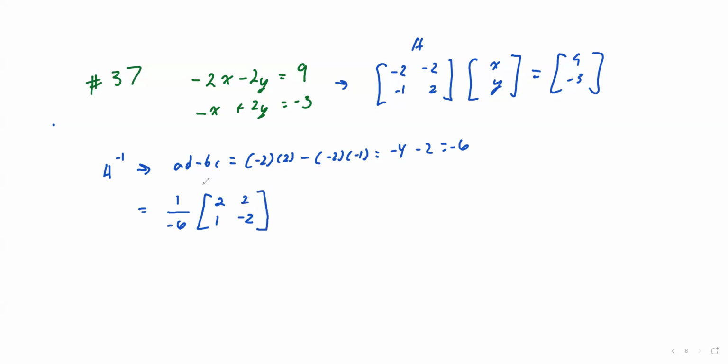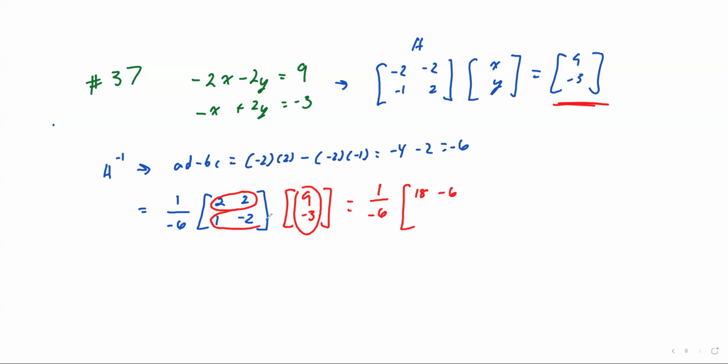Now, this is what I recommend. Once you have the inverse, take your B, which is 9 and -3, and multiply these out first, then apply the fraction so you don't have to deal with fractions until the very end. So I'm going to do row times column. That gives me 2 times 9, which is 18, plus 2 times 3, which is 6.